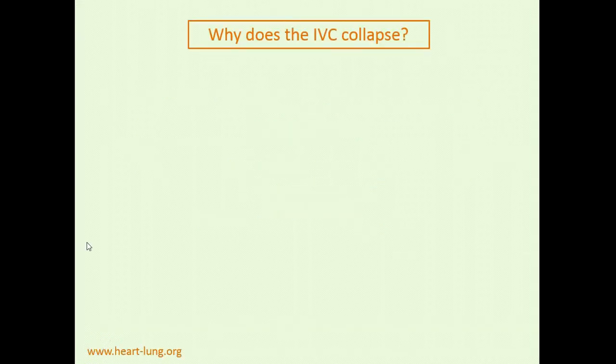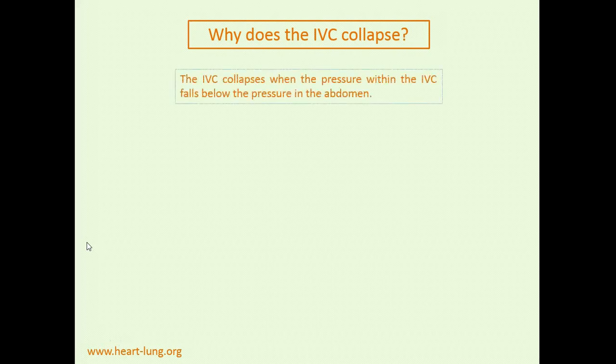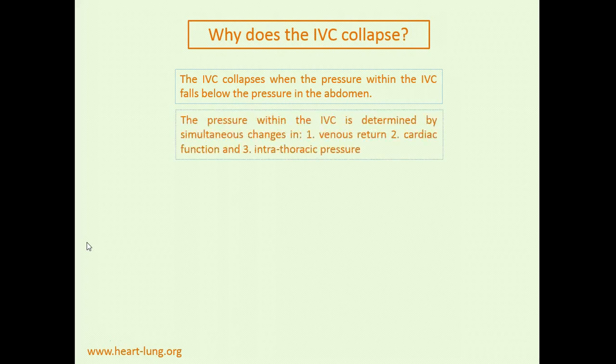What I hope to illustrate is the following question: why does the IVC collapse? It collapses very simply because the pressure within the intra-abdominal IVC falls below the pressure in the abdomen. So the question is, what determines the pressure within the IVC? This is essentially the right atrial pressure or central venous pressure, abbreviated CVP.